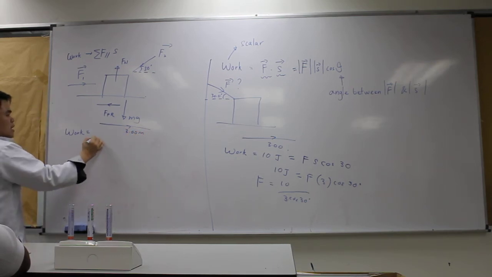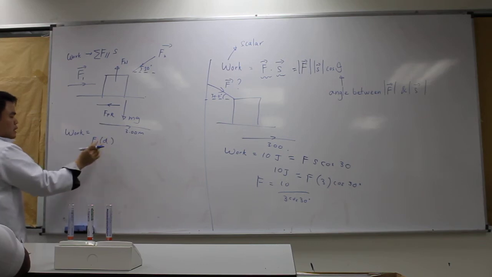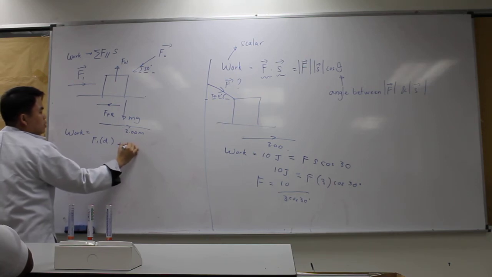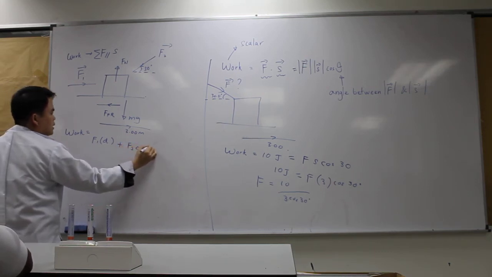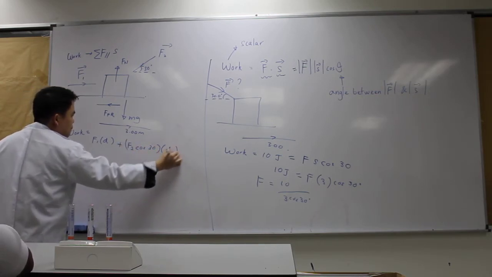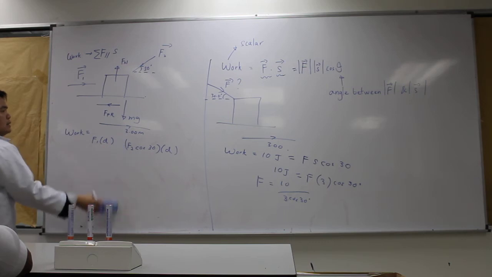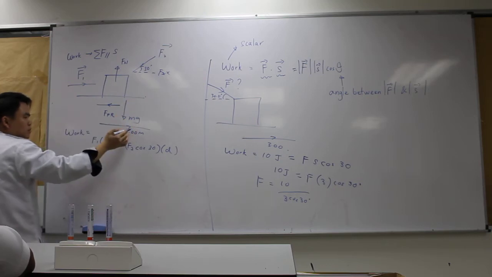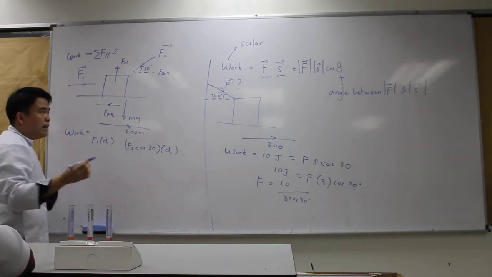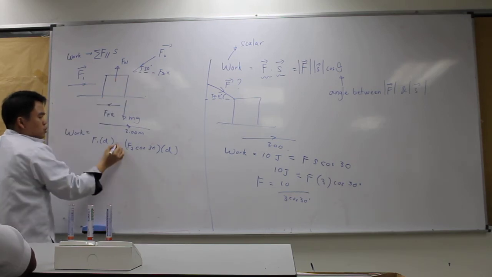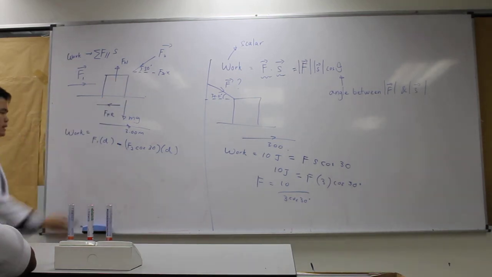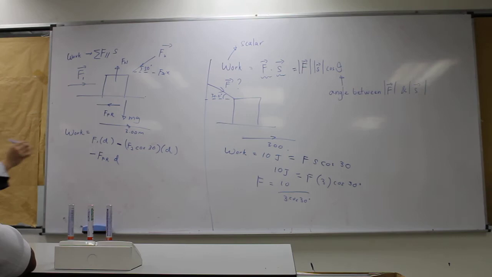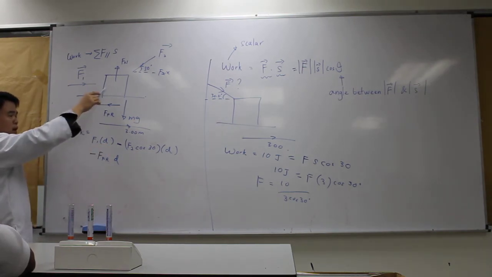Then work is F1 D, where D represents the displacement, plus F2 cos 30 D. But here I put a negative, because F2x has a different direction from the displacement. The displacement is to the right, whereas F2x is to the left, so you must put a negative. And there is another one, which is minus F friction D. So there are 3 forces applied that give the work.